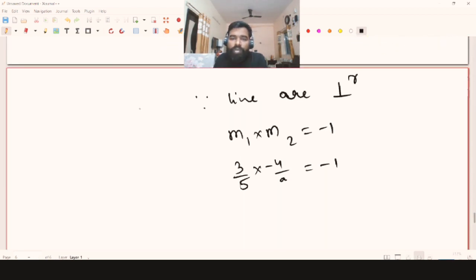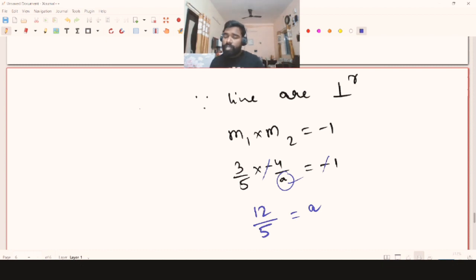From here you need to find a. Simply cross this a to the right side, and you can cancel the minus signs on both sides. So you get 12 by 5, and crossing a outside, you have a equal to 12 by 5. So we got the value of a.